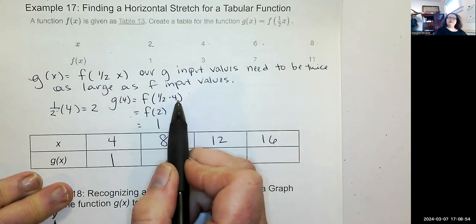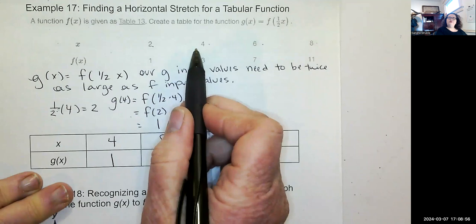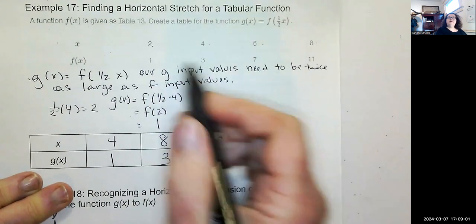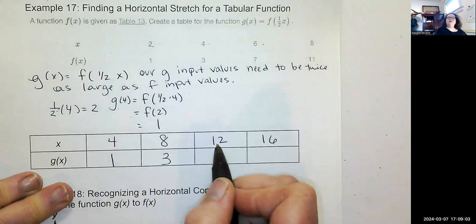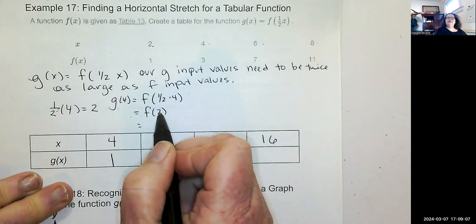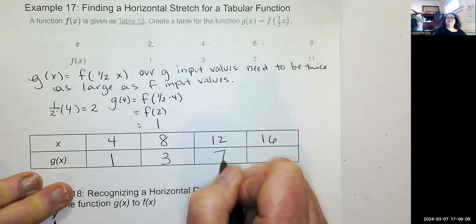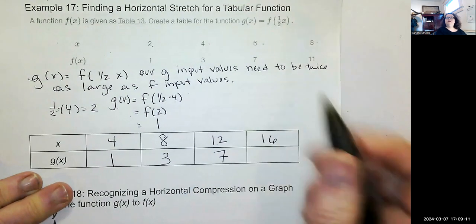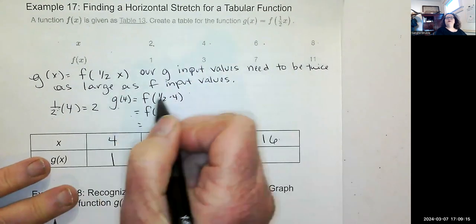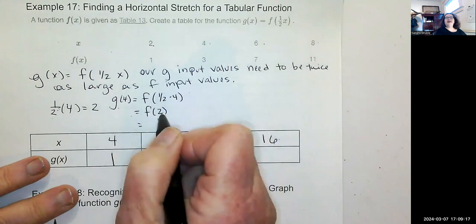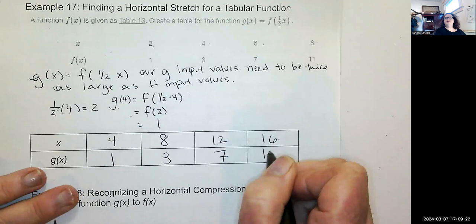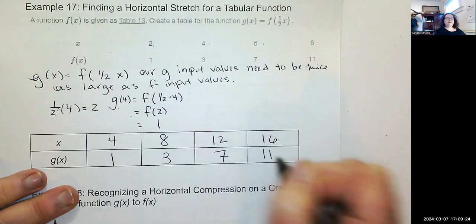Half of 8 is 4. f of 4 is 3. g of 12, f of half of 12 is f of 6. And f of 6 is 7. g of 16 is equal to f of half of 16, which is f of 8. f of 8 is equal to 11. So therefore, g of 16 is equal to 11.